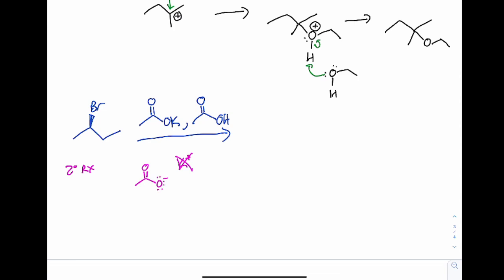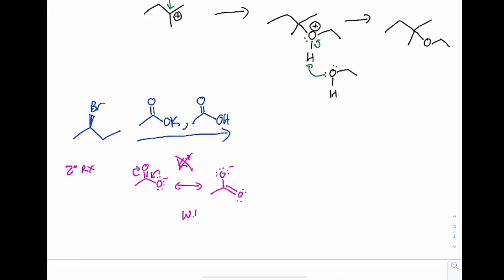It is charged, but the thing to watch out for with this one is that it does have resonance, right? And remember, if something had resonance, it was more stable than if it didn't. Back, I don't remember if it was chapter 1 or 2 when we were looking at acidity and basicity, we said if something had resonance, it was more stable, so it was less reactive, right? This would be a weaker base.